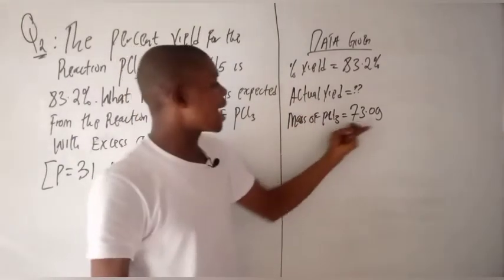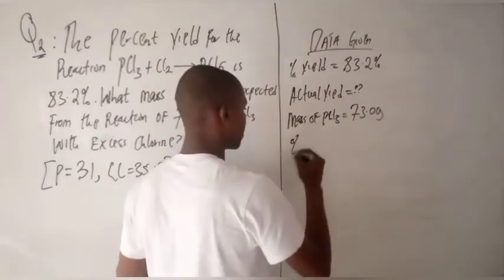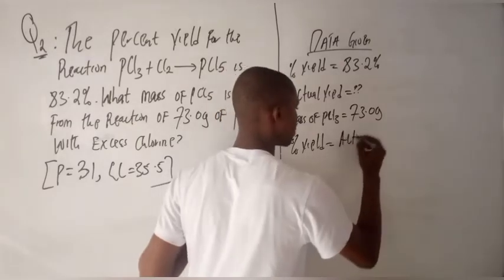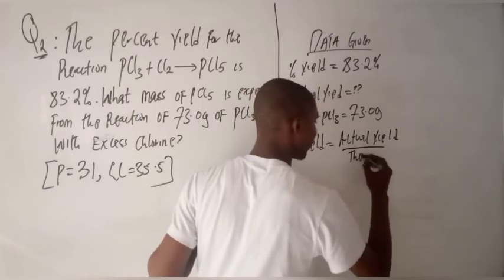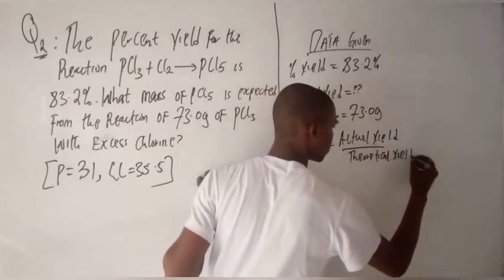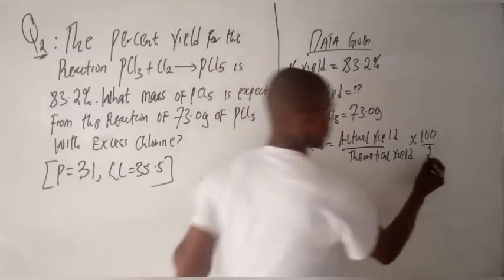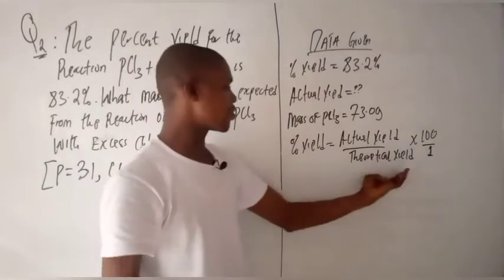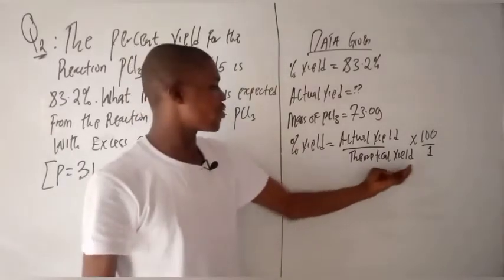So what are you going to use this mass to do? Remember, percentage yield equals actual yield over theoretical yield, times 100 over 1. How do you get your theoretical yield?